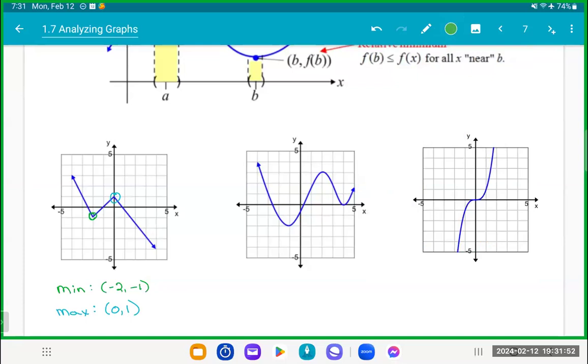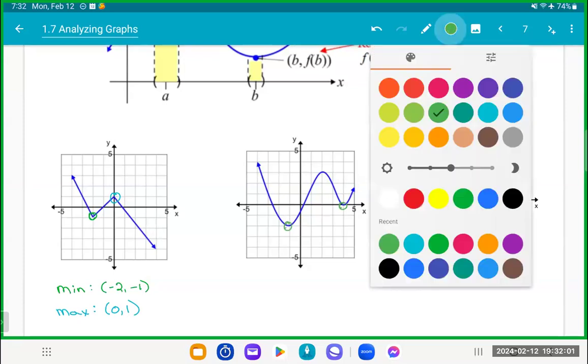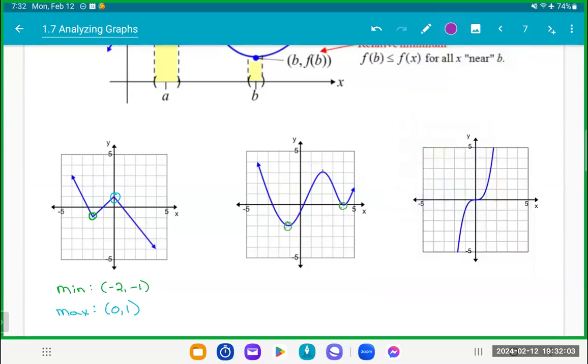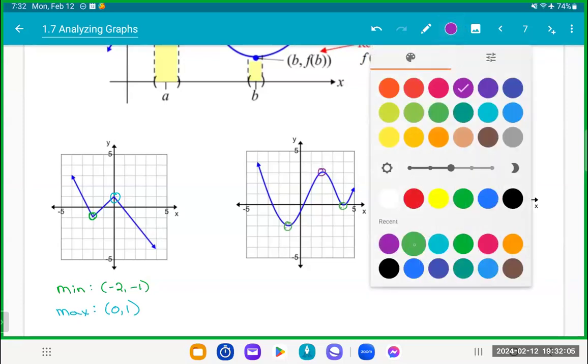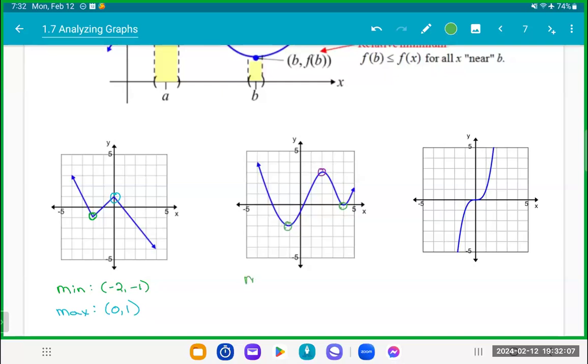So this next graph, you can see we have a low point here and a low point here, but we also have a high point up here. If I wanted to look at my minimums, I'm going to have a minimum at -1, -2, and I'll have a minimum here at 4, 0.